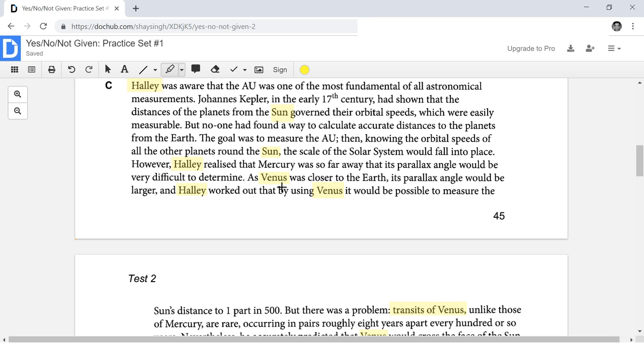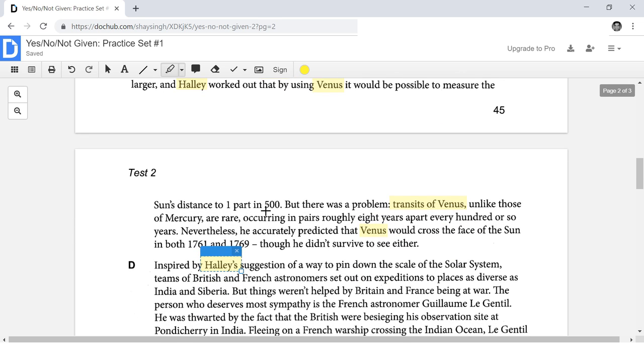So let's begin. As Venus was closer to the Earth, its parallax angle would be larger, and Halley worked out that by using Venus, it would be possible to measure the sun's distance to 1 part in 500. Okay, so this has nothing to do with our question sentence, so I'm going to keep reading on.